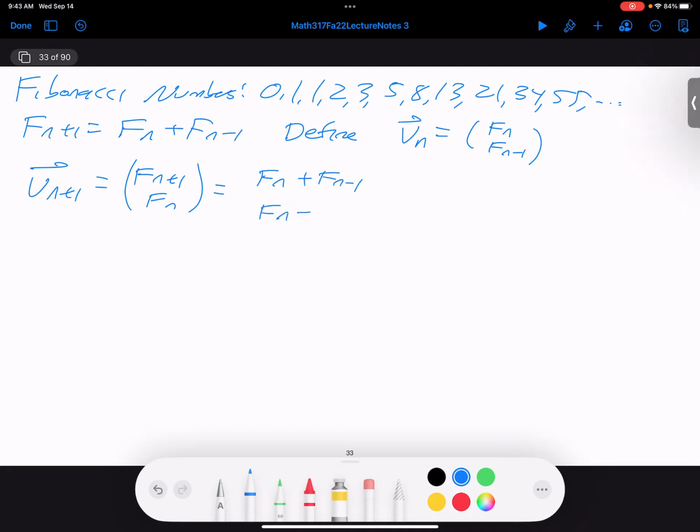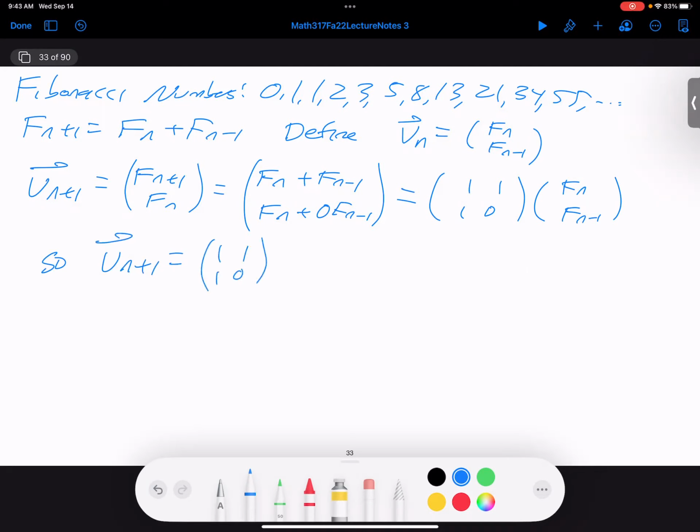And then Fn plus 0 times Fn minus 1 is the bottom. So this is the same as the matrix [[1, 1], [1, 0]] times (Fn, Fn minus 1). So Vn plus 1 is [[1, 1], [1, 0]] times Vn. And we can let A be the matrix [[1, 1], [1, 0]].